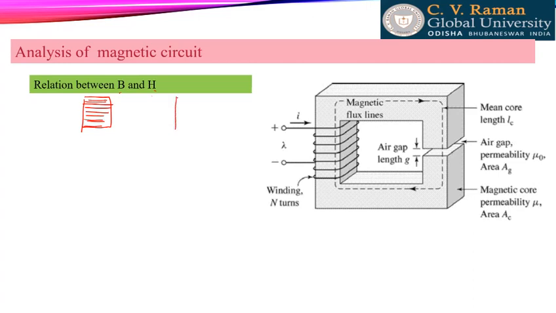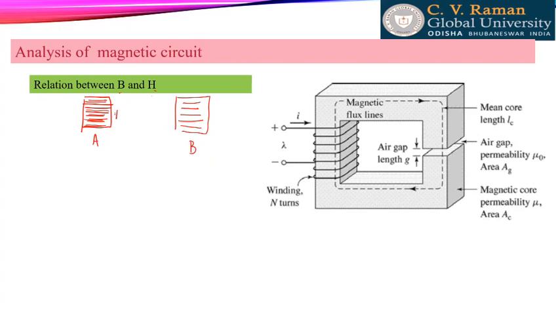So let me take two examples. Suppose this is one magnetic field, magnetic field A, and this is magnetic field B. All of you can observe more lines of force here and fewer lines here.